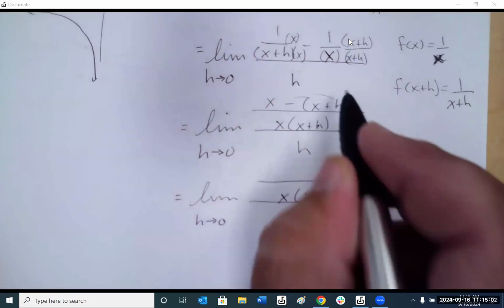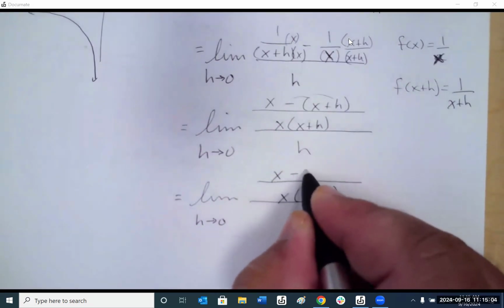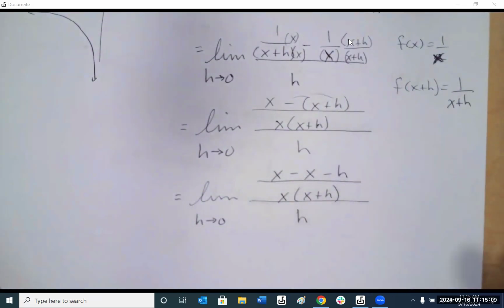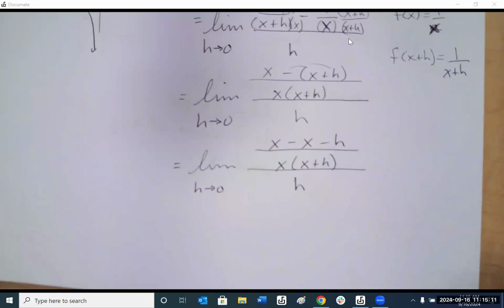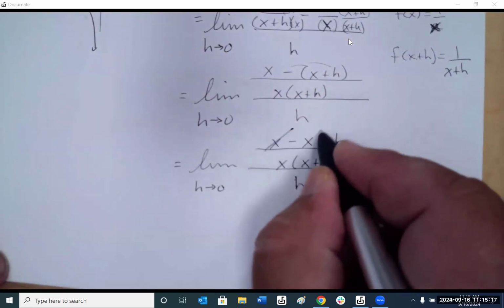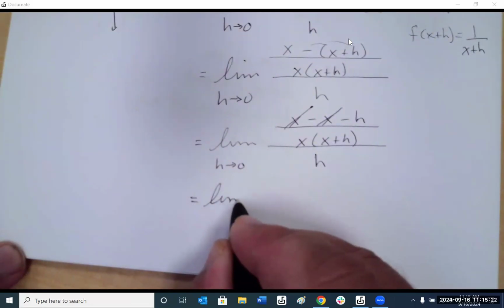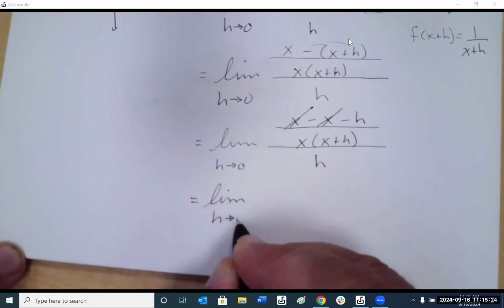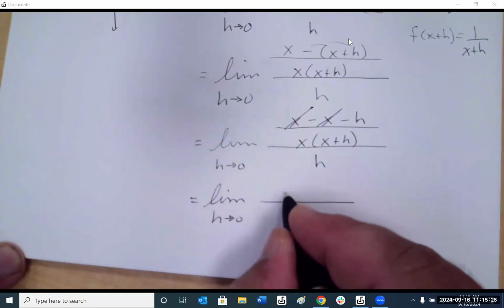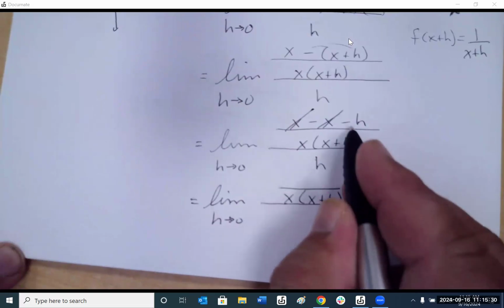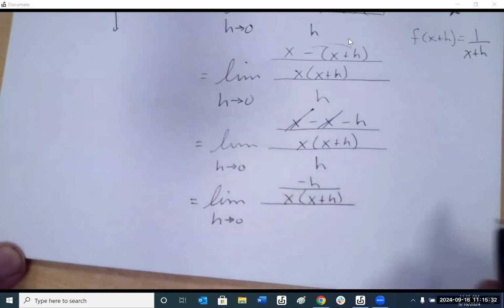So we can distribute. We have minus x minus h. The x's cancel. So on top, we have negative h.